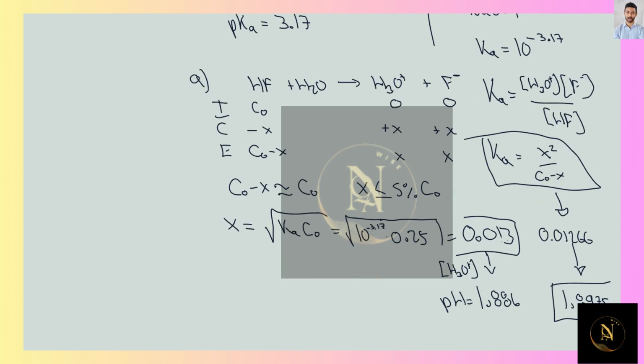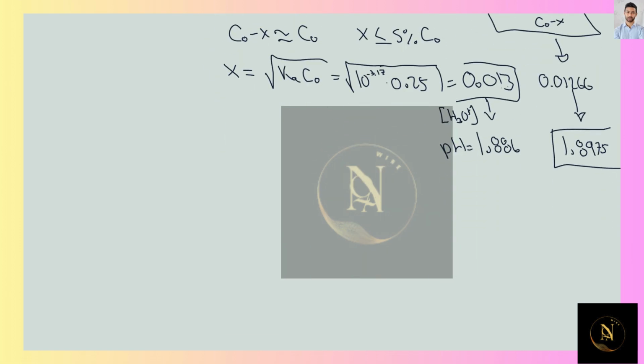Since we have an initial amount of HA in moles, it is going to be 35 times 10 to the minus 3 liters, the volume of the solution, times 0.25 molar. This is going to be 8.75 times 10 to the minus 3 moles.